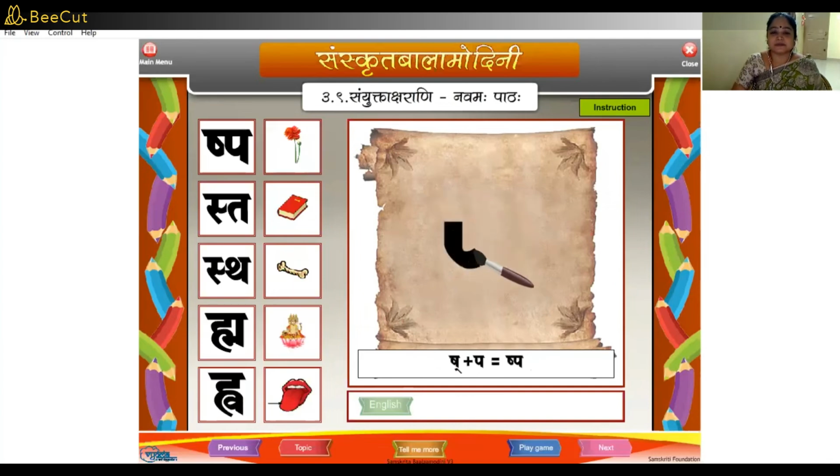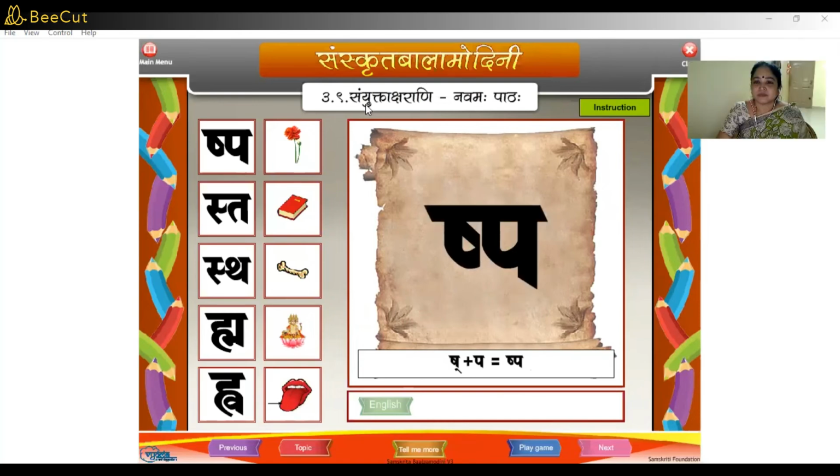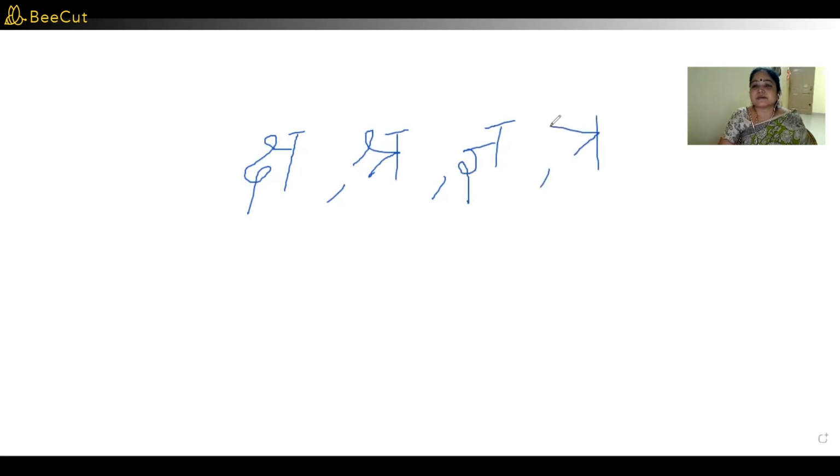Okay, so we saw some Samyukta Aksharani. In that, completely different letters: Ksha, Shra, Nya, Ksha, Shra, Nya, Tra.